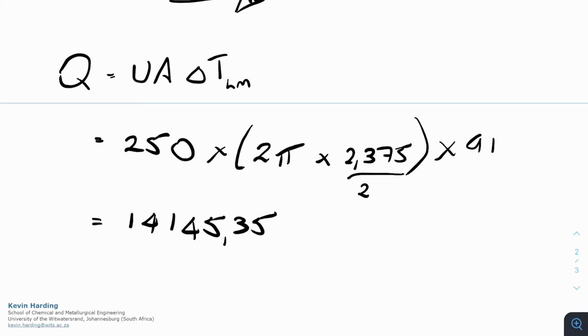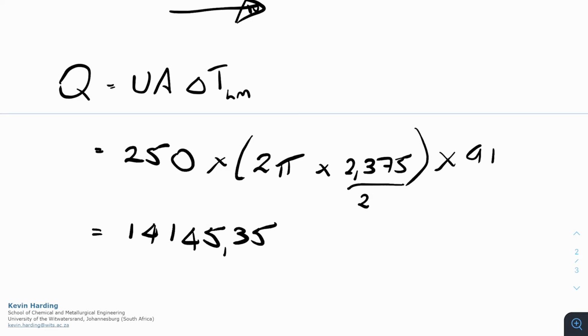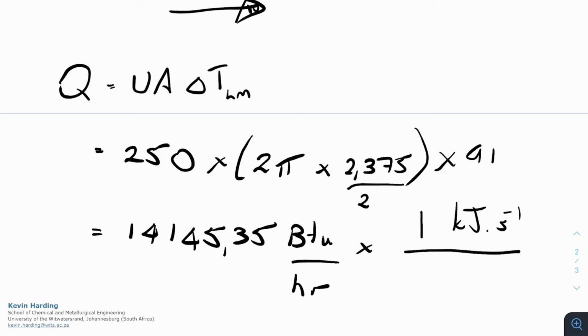14145.35. I haven't included it here, but if you see the end of the video, you'll see the full worked solutions for all the units. That is BTU per hour. We are going to want to convert that into kilojoules per second. And the unit conversion for that, we're going to have 1 kilojoule per second at the top, divided by 3412 BTU per hour.